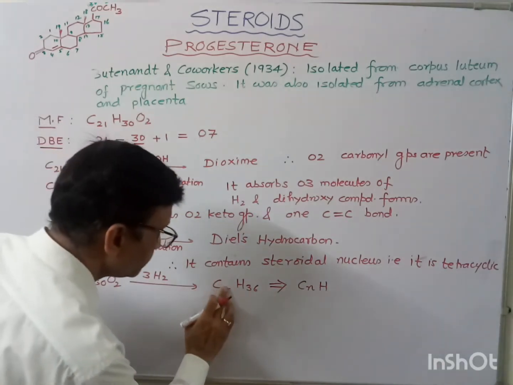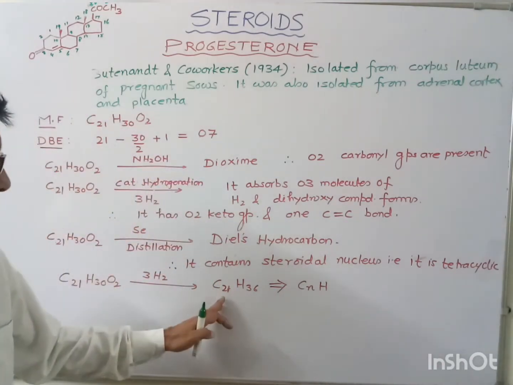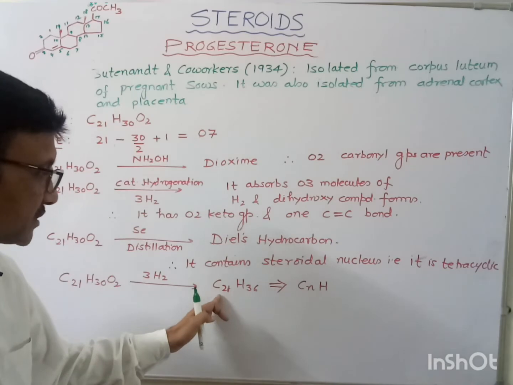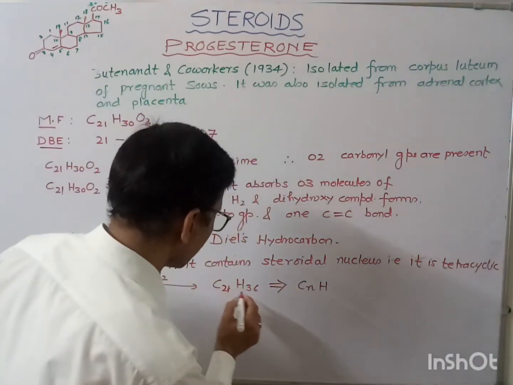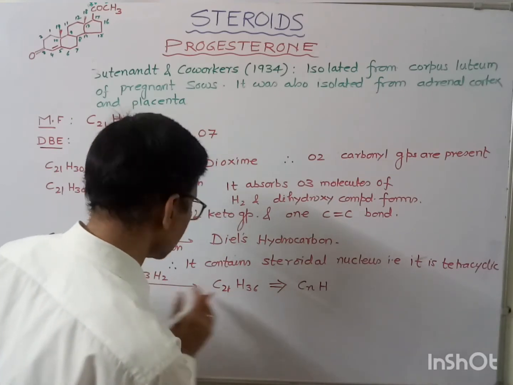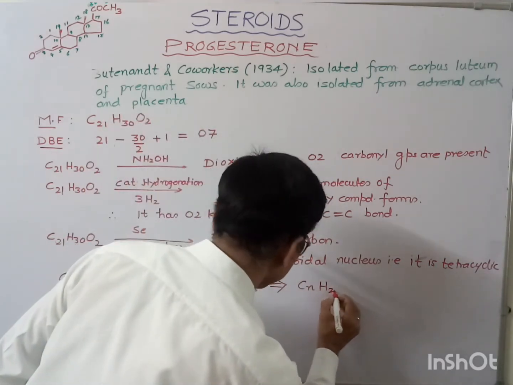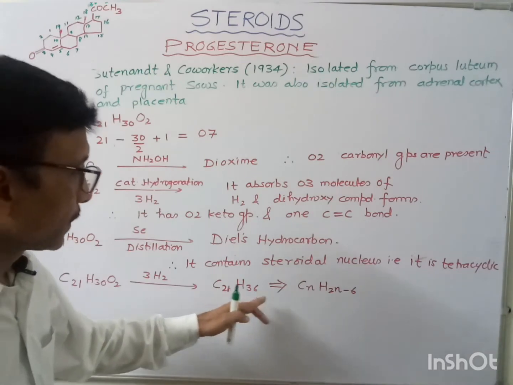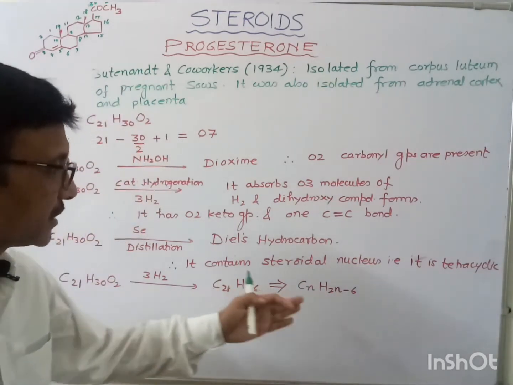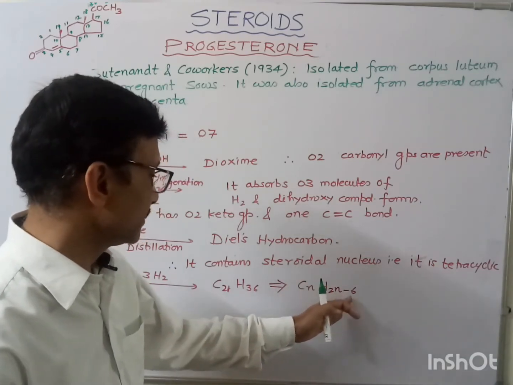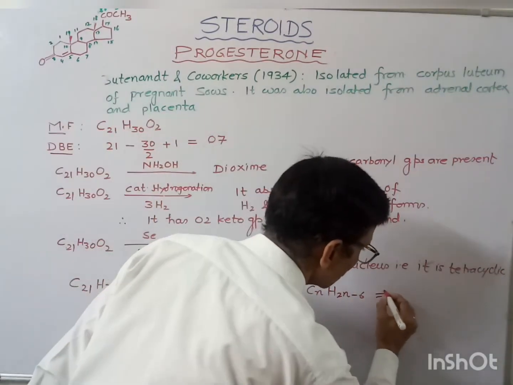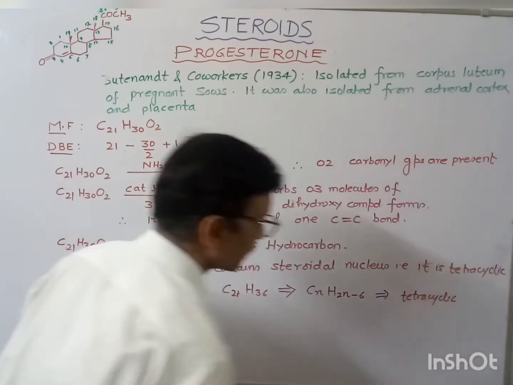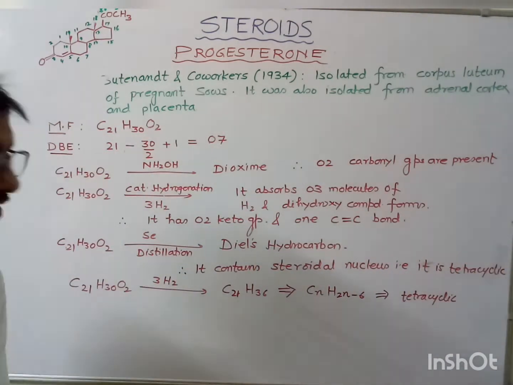So what does this tell us? The saturated hydrocarbon C21H36 corresponds to the general formula CnH2n minus 6, which means 42 minus 6, that is 36. It corresponds to tetracyclic, meaning progesterone is tetracyclic in nature.